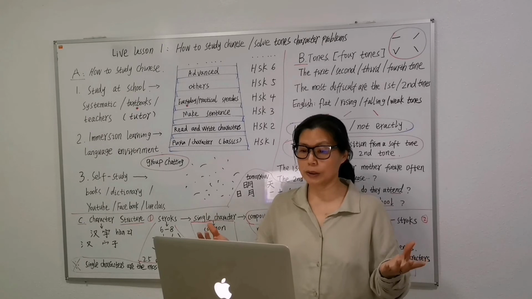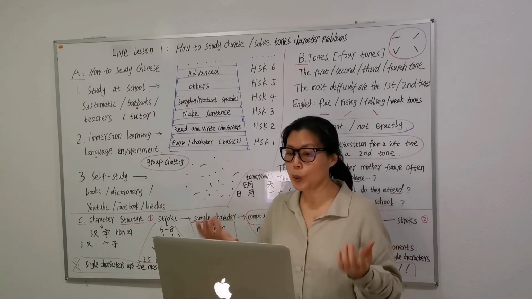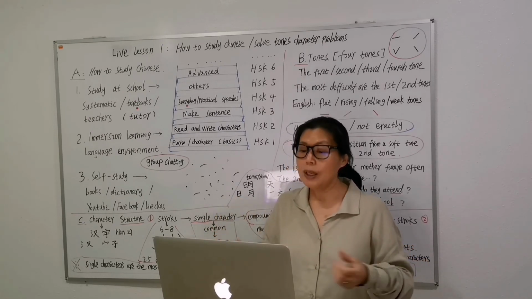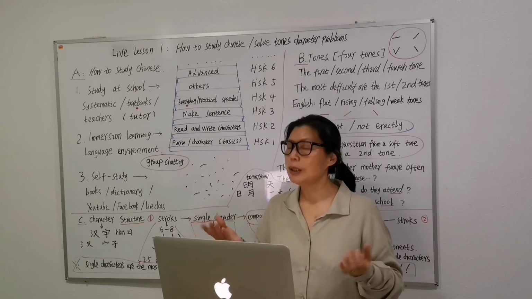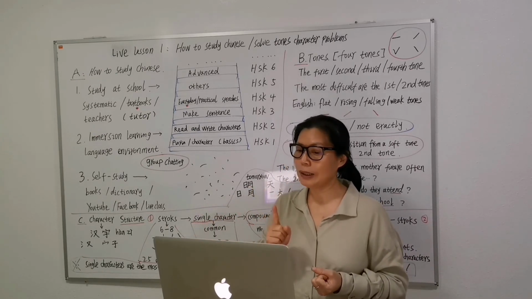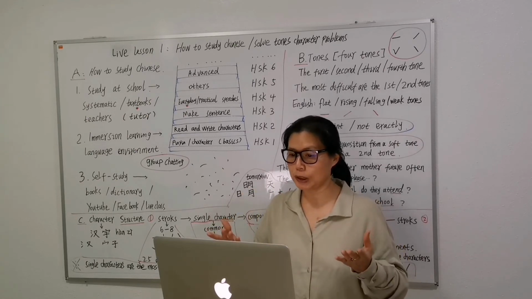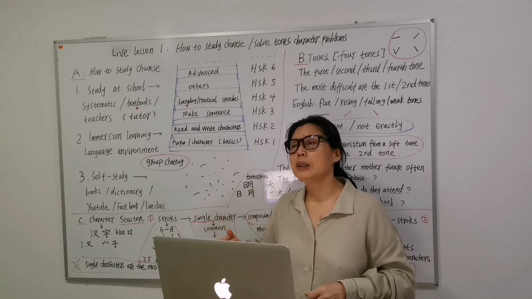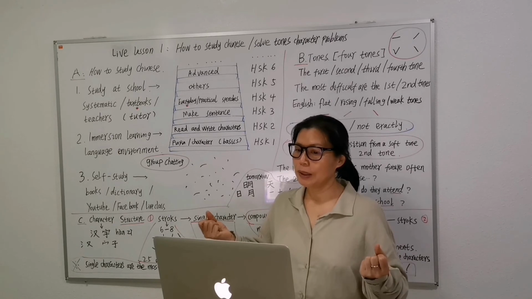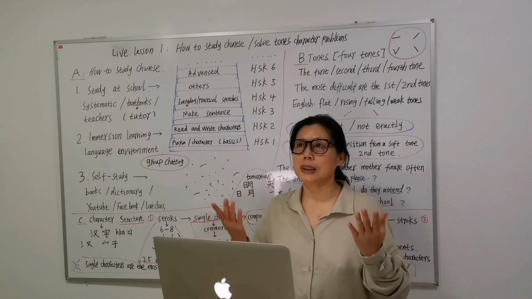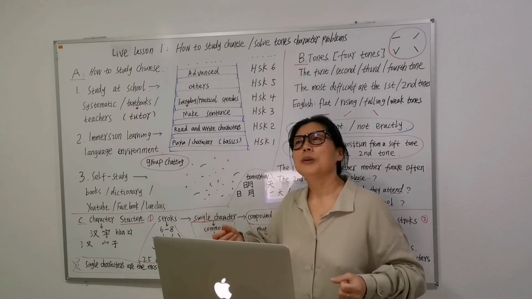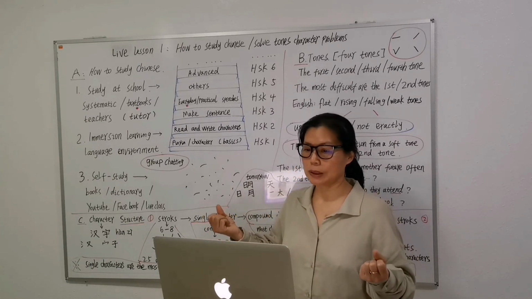Of course, learning to write Chinese characters is easier than learning English words. That's to say, learning Chinese is at first difficult, but later easier and easier. But learning English at the beginning is easier, but later more difficult.